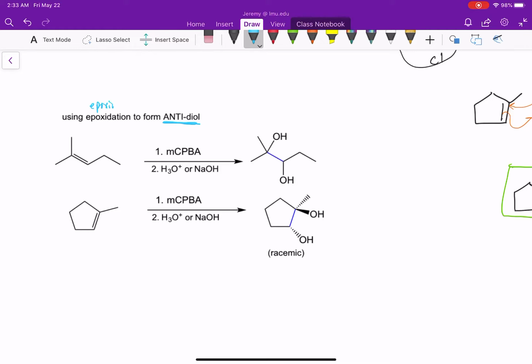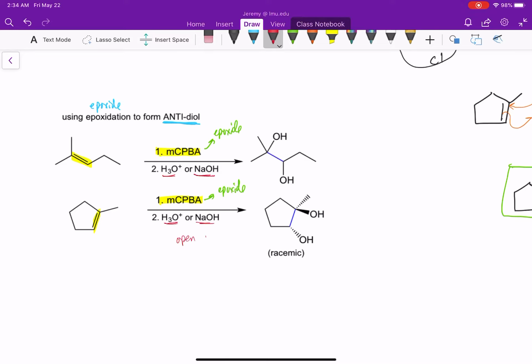So when we start from an alkene, this is a two-step process. In step 1, we add MCPBA, that will make the epoxide, and we just saw that. And then in step 2, we can either add acid or base to open up the epoxide.